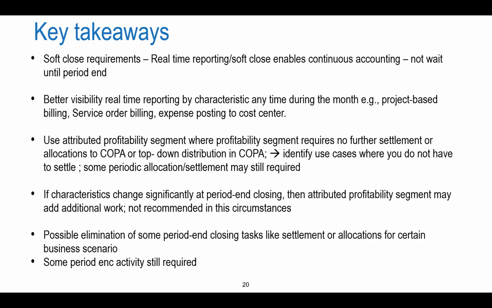So you can set the goals. You can run this attributed profitability segment, get the results, and then you can direct your team or realign your strategy, either to increase the resources or refine your resource strategy, to get the desired results you need for the month end.